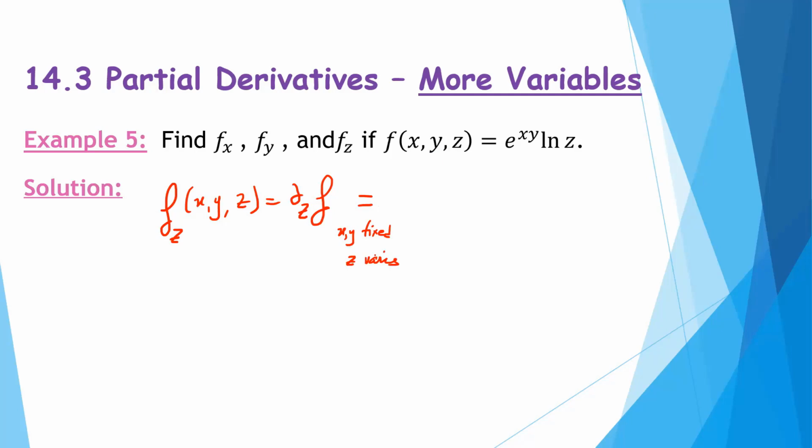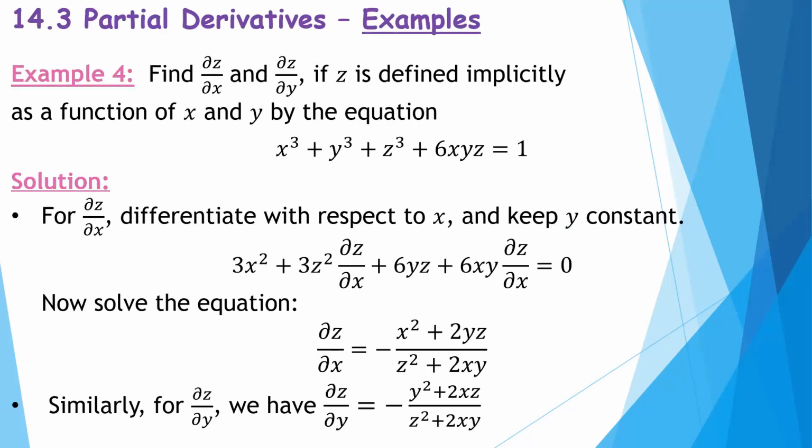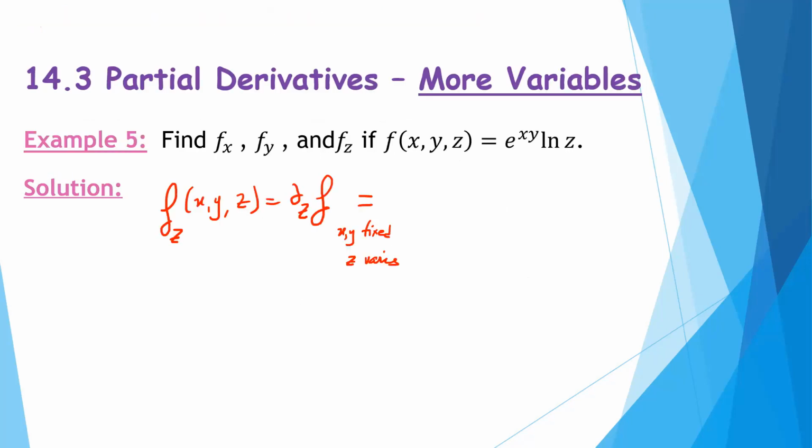Okay, so it's different from the previous example. There, z is a function of x and y. Z is the output. Here, no. We have three inputs. The output is another variable, t or whatever its name is. Is the difference between example 5 and example 4 clear? In example 4, z is a function of x and y. Here, x, y, and z are independent variables. We have a fourth dependent variable t, which is the result.